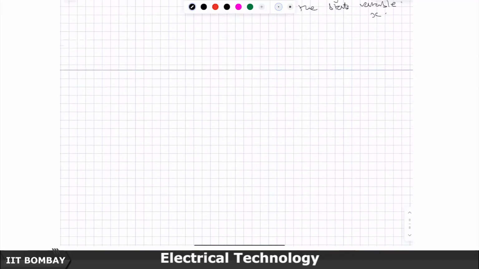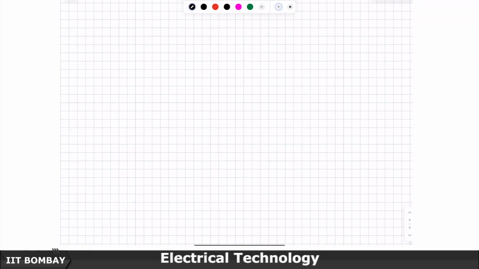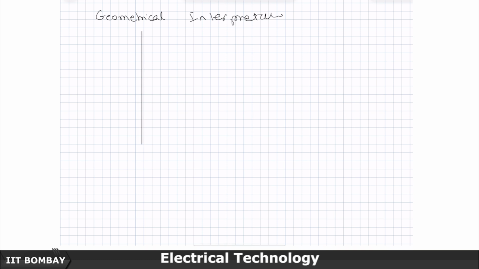Now let us look at the geometrical interpretation of this first of all. For the geometrical interpretation, I am going to take a more general case of a nonlinear kind of system.